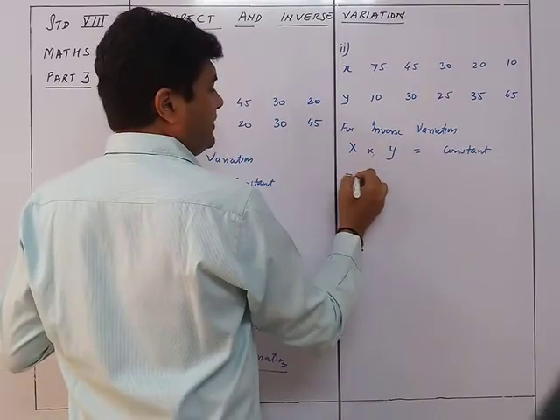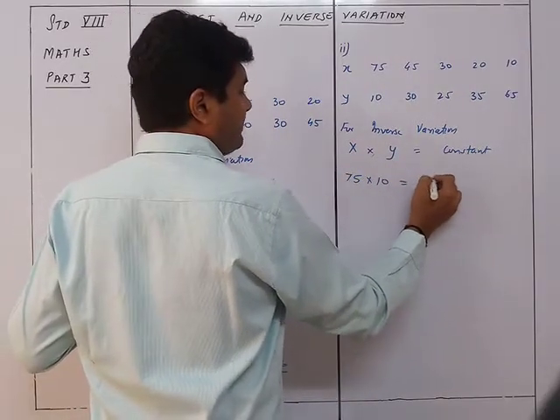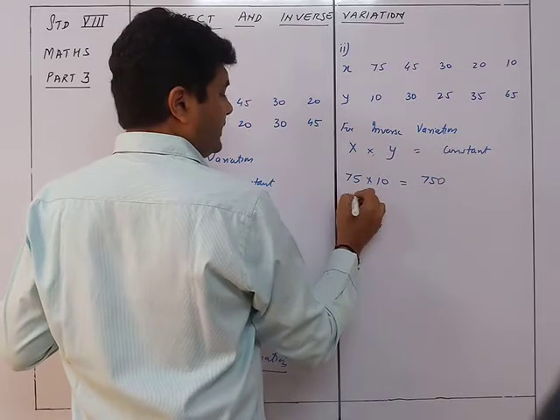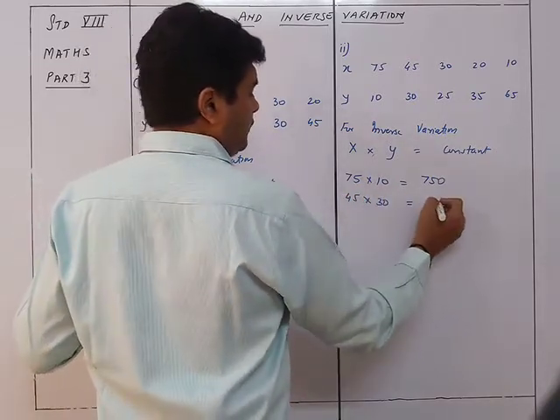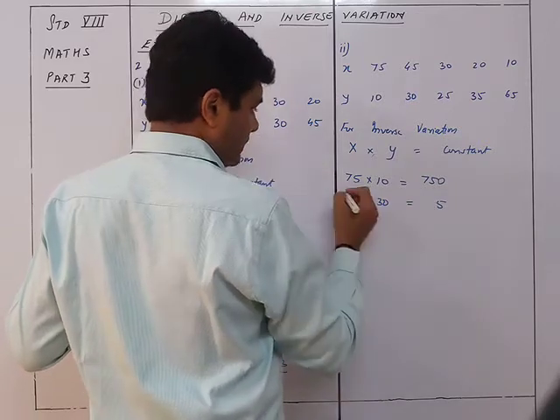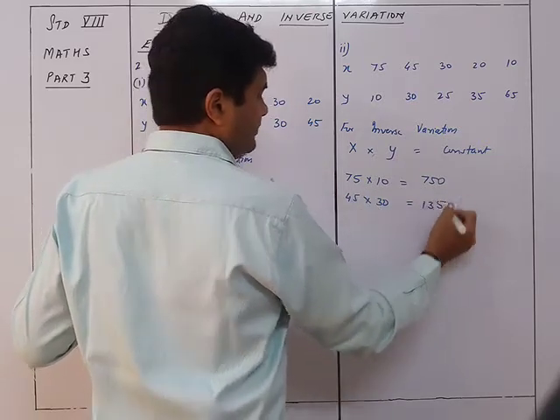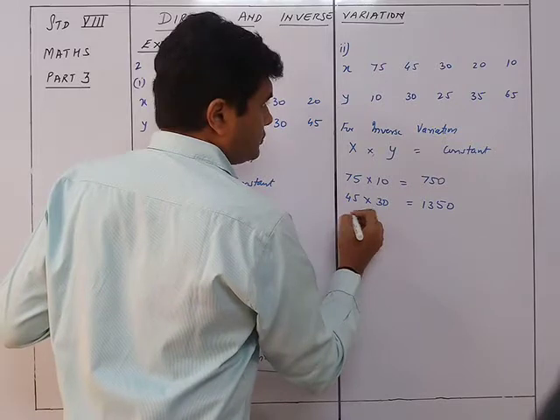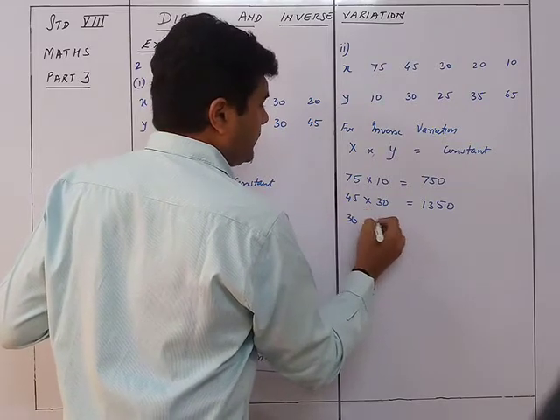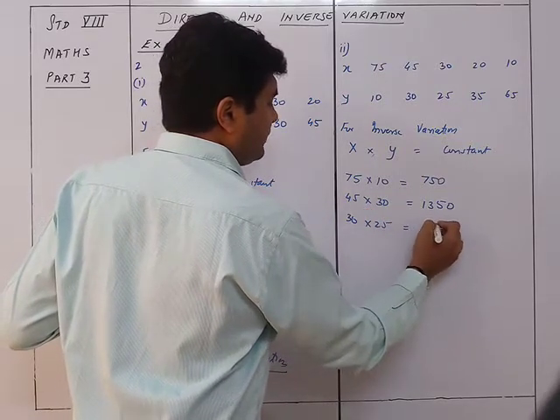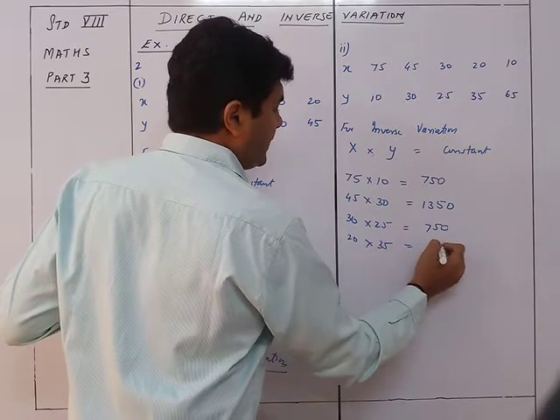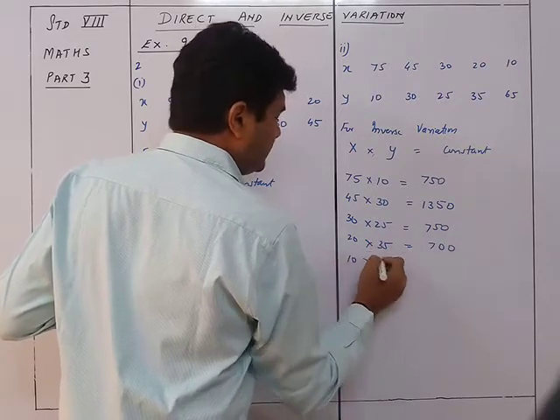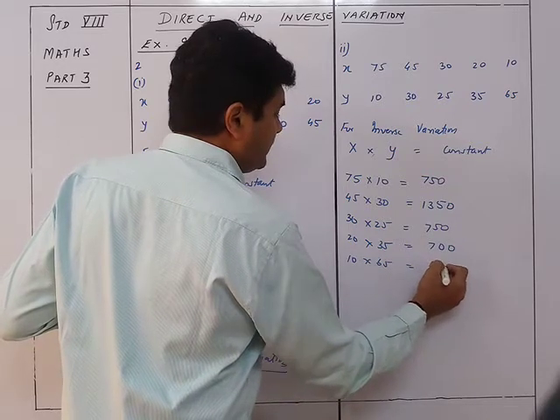So 75 into 10 is equal to 750, 45 into 30 is equal to 1350. So it's not. 30 into 25 is equal to 750, 20 into 35 is equal to 700, 10 into 65 is equal to 650.